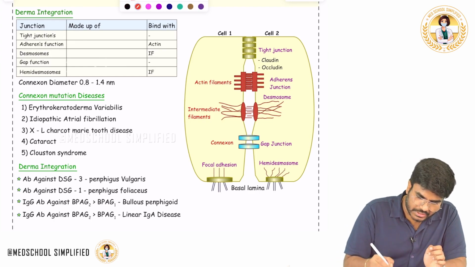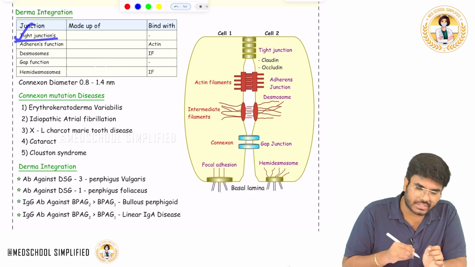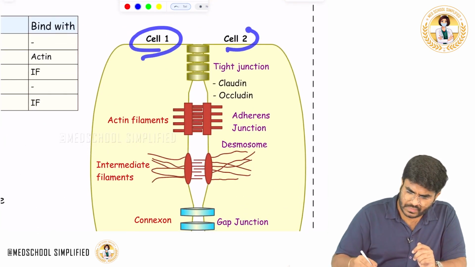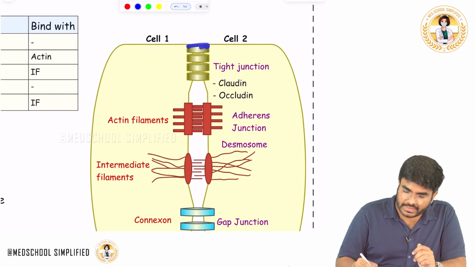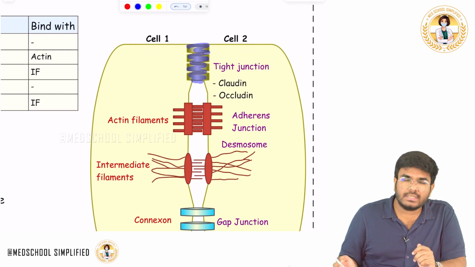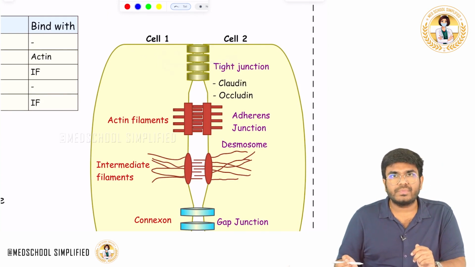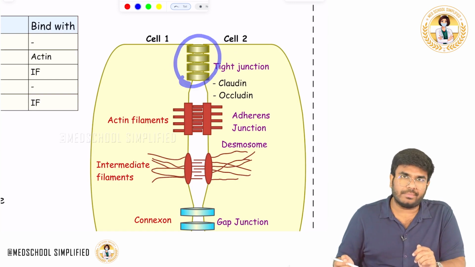The first cellular junction I am talking about is the tight junction. Look at the image. Here is cell 1, here is cell 2. In between them there is a tight junction. These tight junctions don't allow the transfer of any substances from one cell to the other. They are very tight in nature.